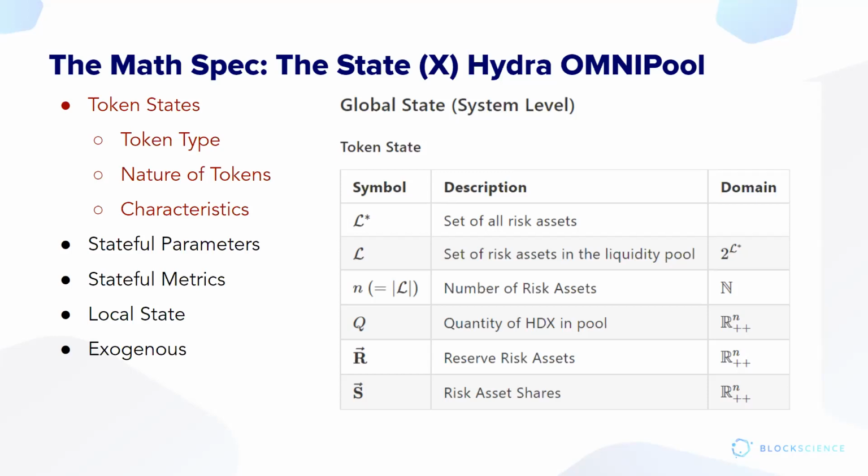To clarify, for right now, because we only have this liquidity subsystem that we're modeling, and we don't have any other subsystems about Hydra modeled, Q and H are 1-to-1. But H is actually an exogenous variable in this case, because there's minting and burning about Q inside this pool that affects the quantity of H in total.